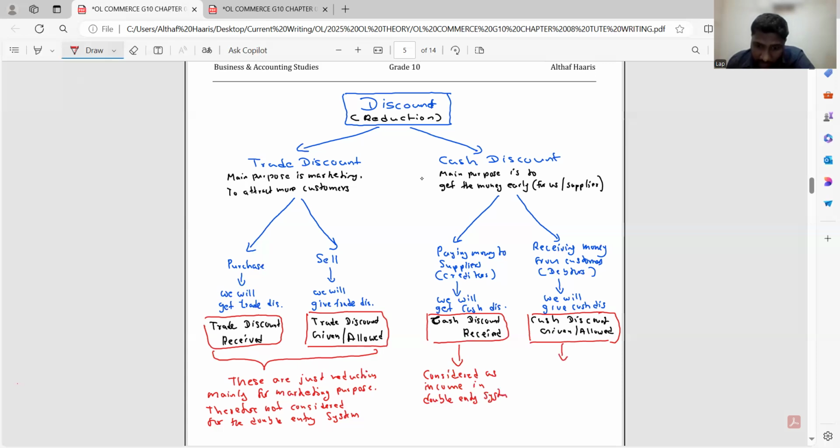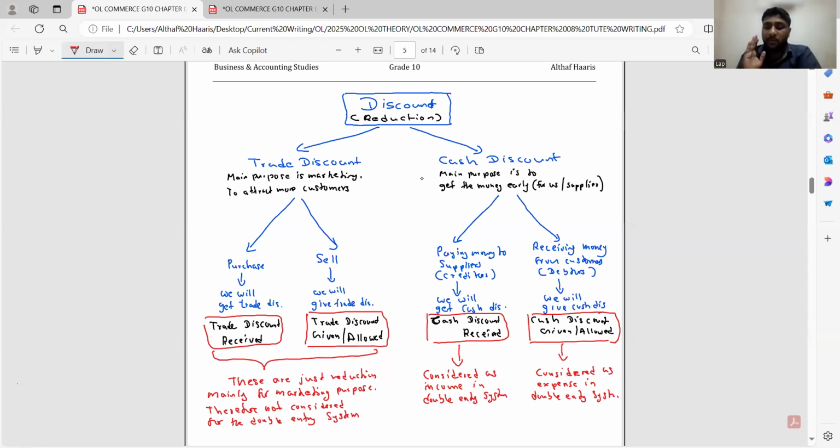Cash discount given is considered as expense in the double entry system.